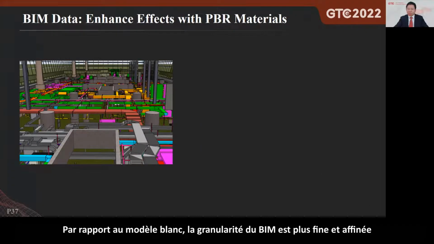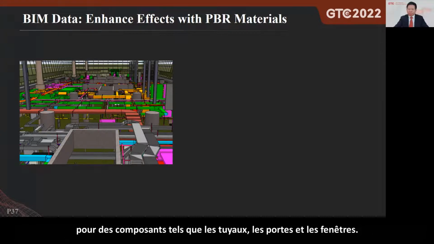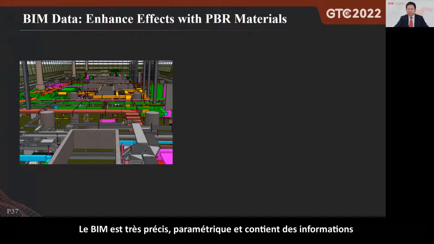Compared with the stretched building blocks, the granularity of BIM is finer and refined to components such as pipes, doors, and windows. BIM is highly accurate, parametric, and has detailed semantic information.